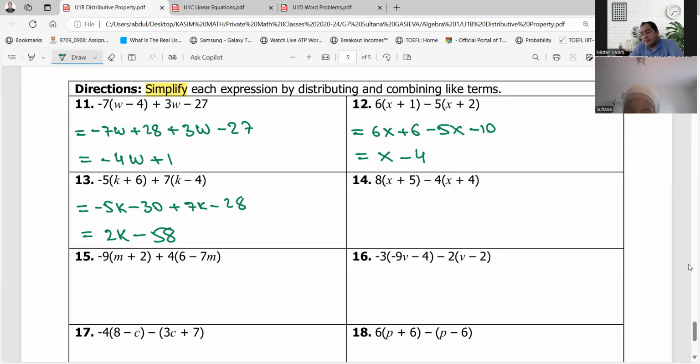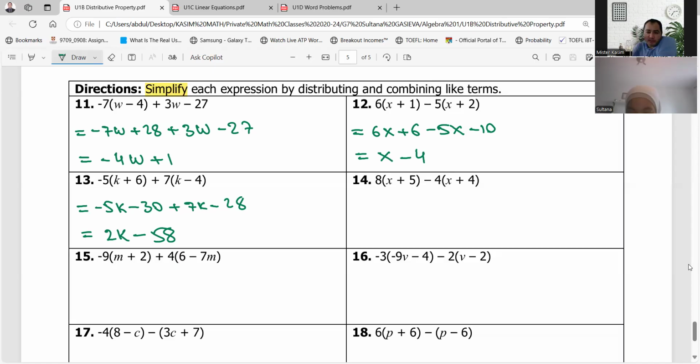Then let's discuss, okay? 56. So all x are gone. I mean 56x. I mean, x equals 56.